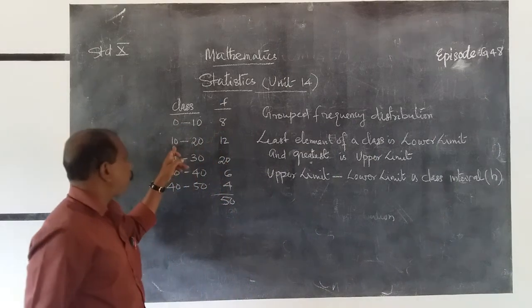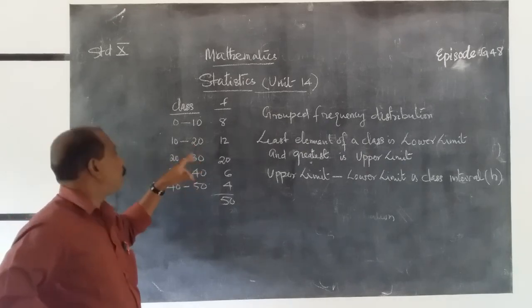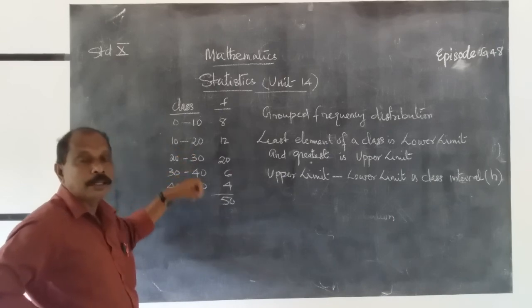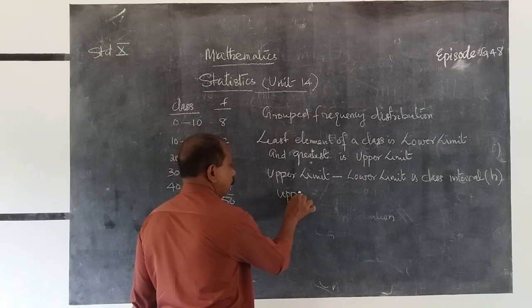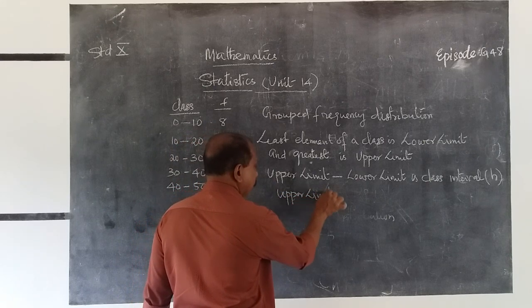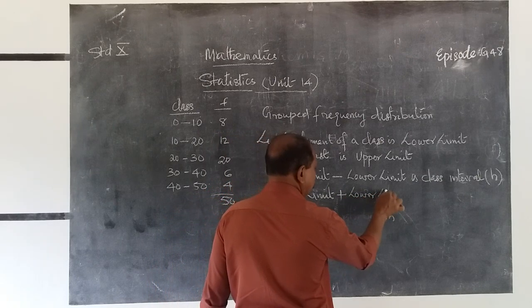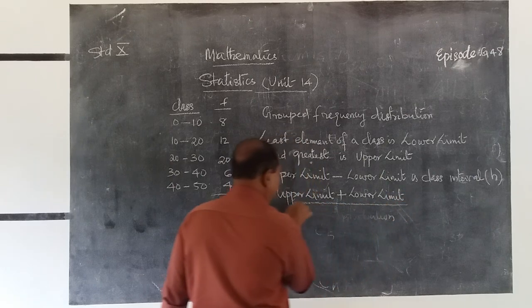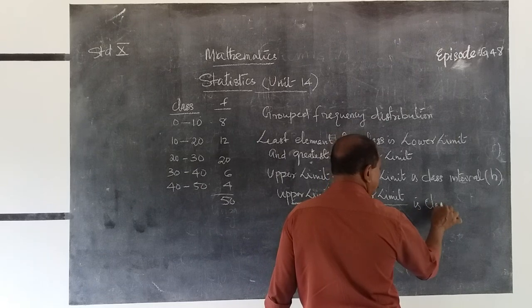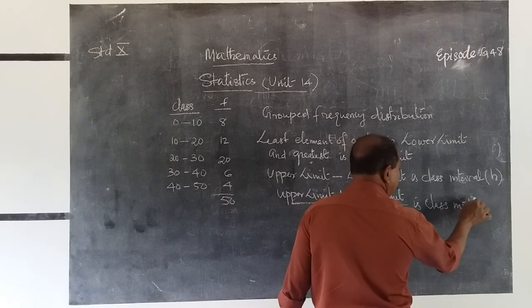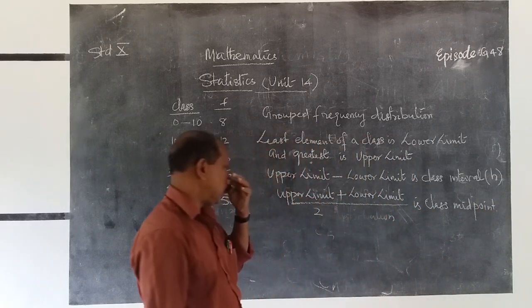Then 10 plus 20 is what? 30. 30 by 2 is what? 15. That is the middle element between 10 and 20, known as the midpoint. Upper limit plus lower limit by 2 is the class midpoint.